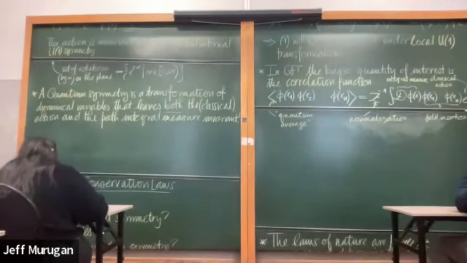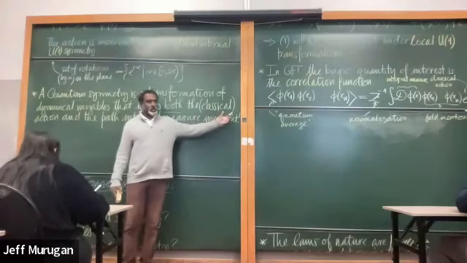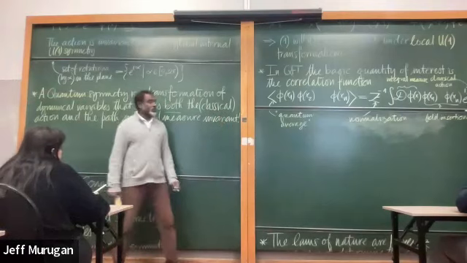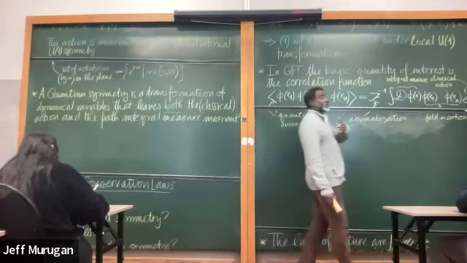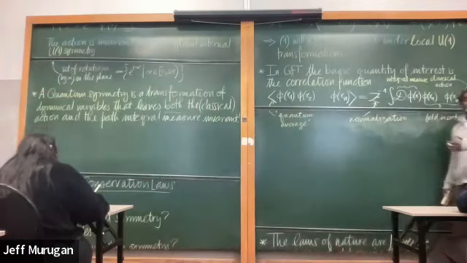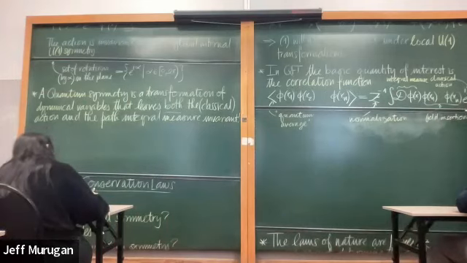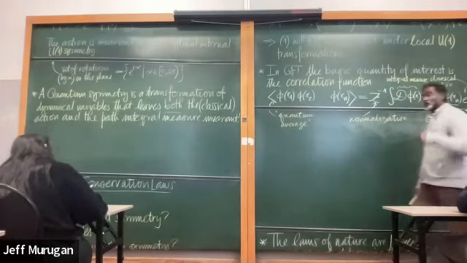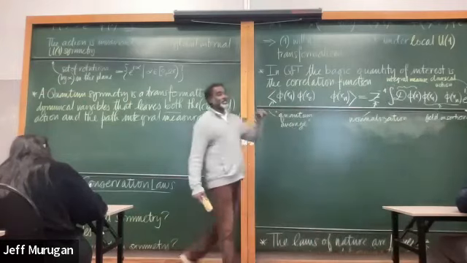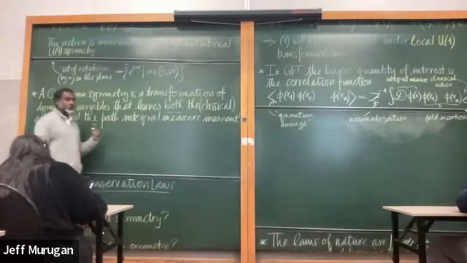So you could ask, well, okay, what if the action is invariant, but not the path integral measure? Well, if we keep in mind that the action that we're talking about is the classical action, then if the classical action is invariant, that tells me that the corresponding classical theory has some classical symmetry. But if the path integral measure in addition is not invariant, then that classical symmetry, once I quantize the theory, is broken.